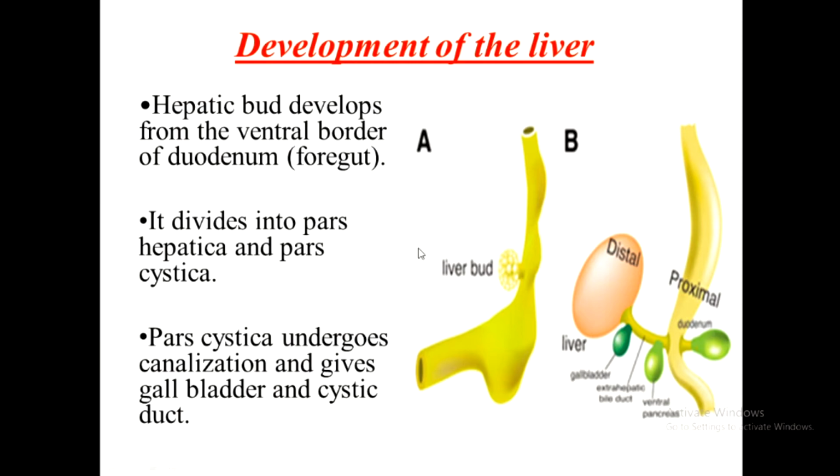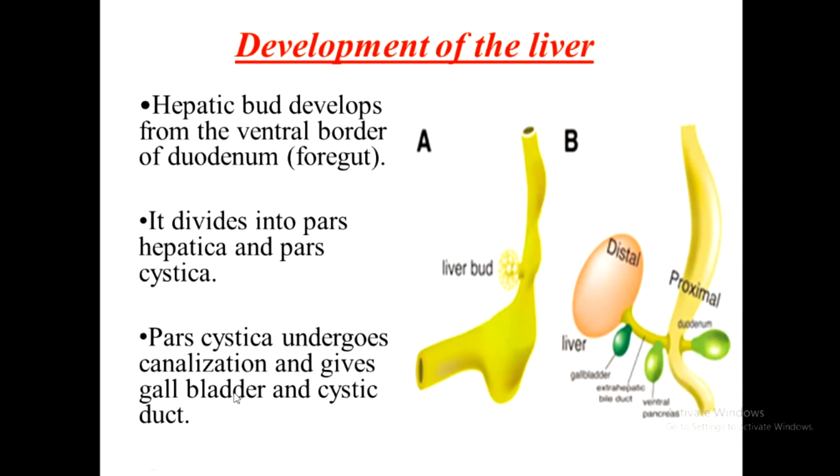Pars cystica will undergo canalization and give the gallbladder and cystic duct, as we said before.